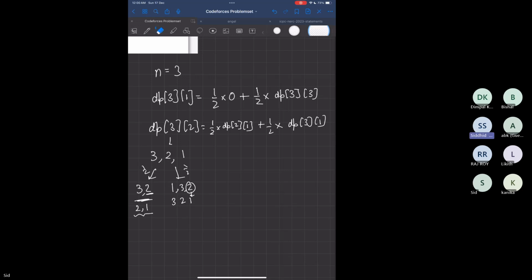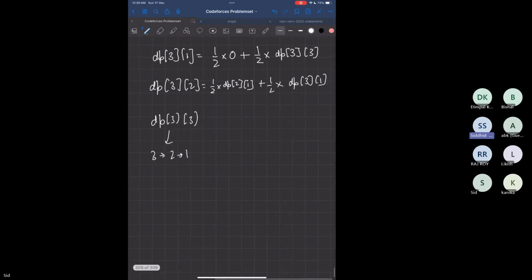I hope these equations are clear. Next, lastly, dp 3, 3. What does it mean? 3 to 1, 3 is the last man standing. So this can move to two configurations, 3, 2 or 1, 3, 2.